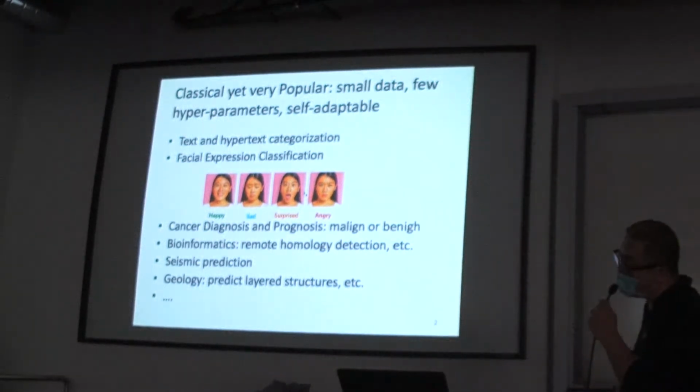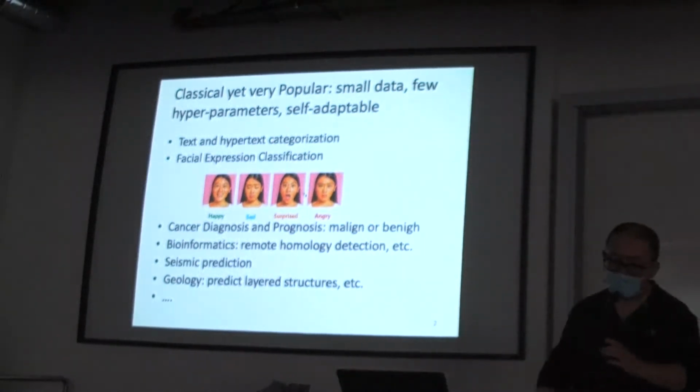How do you predict the damage after the seismic event? And geology: how do you predict layer structures on the ground? Those are all typical applications. If you're interested, you can search the web for applications of support vector machines. There are many such applications.